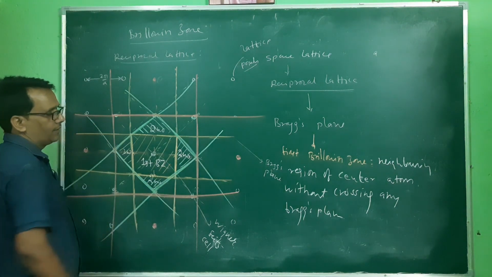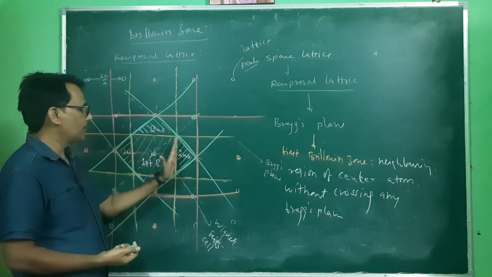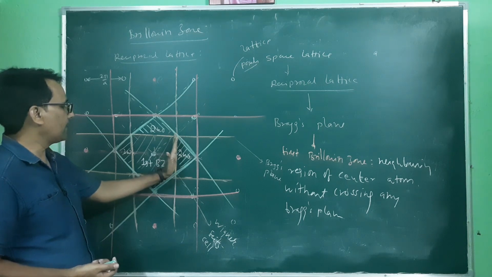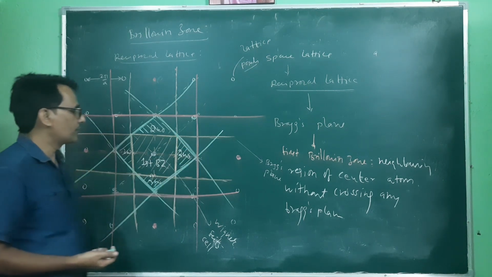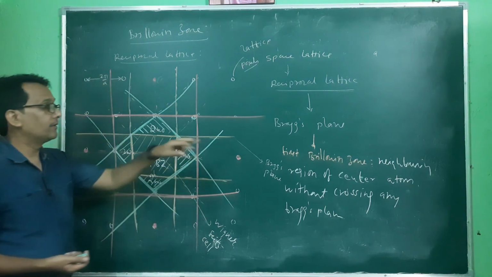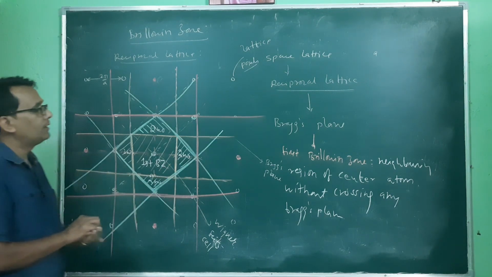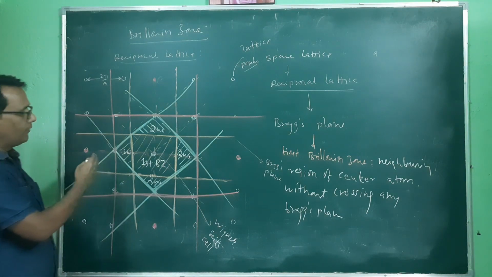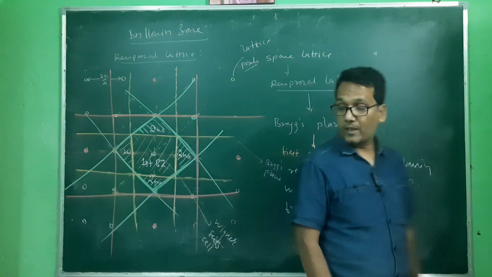So this is the first Brillouin zone and this is the second Brillouin zone, and we can draw this diagram in our E-k plot also.